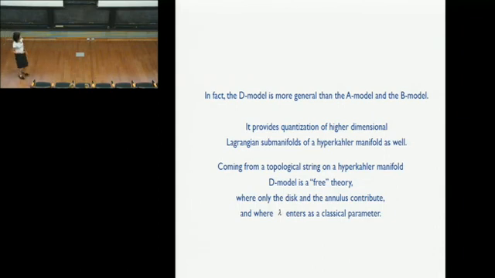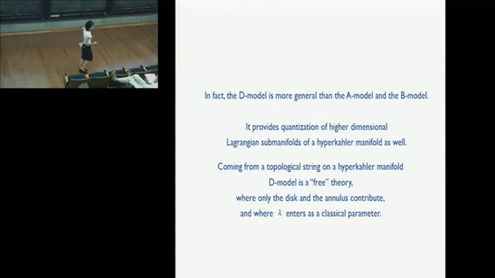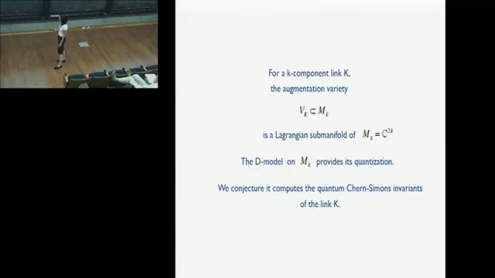It's true here as well that the theory is exact actually at the level of the disk and the annulus, just because it lives in hyperkähler manifolds. But nevertheless, it captures all the information about the B model on the mirror of these toric Calabi-Yaus. But then you can just as well extend it to higher dimensions as well. And in all cases, lambda just enters as a classical parameter.